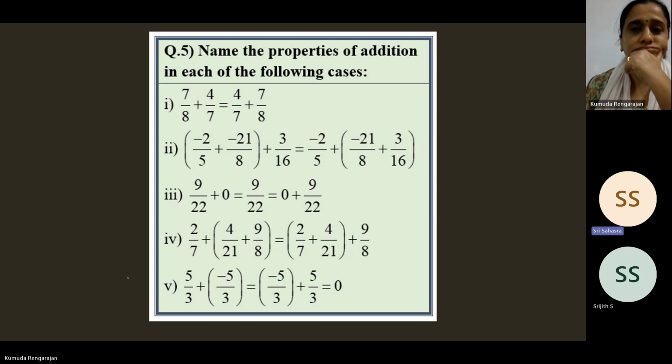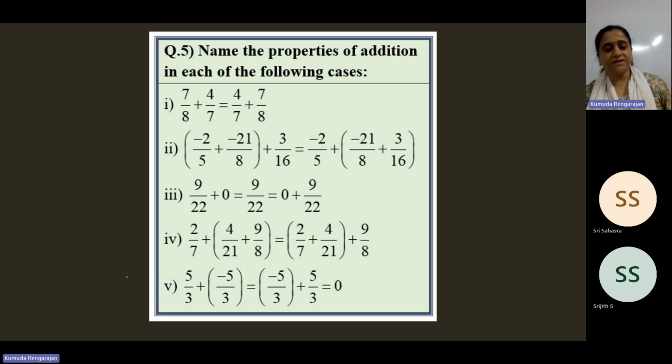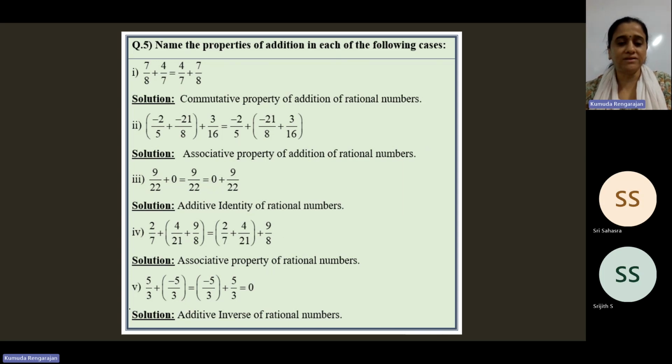Role of 0. Correct. So it's the role of 0, also called the additive identity property. Additive identity property, or additive identity of rational numbers. I'll share this image with you.